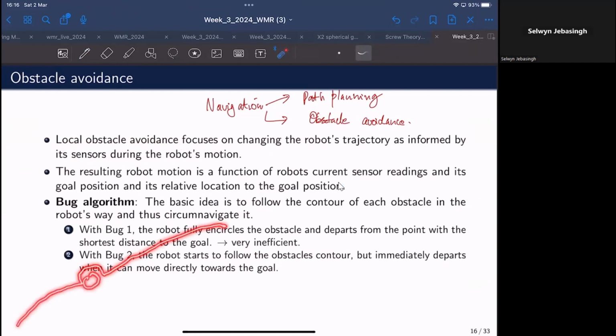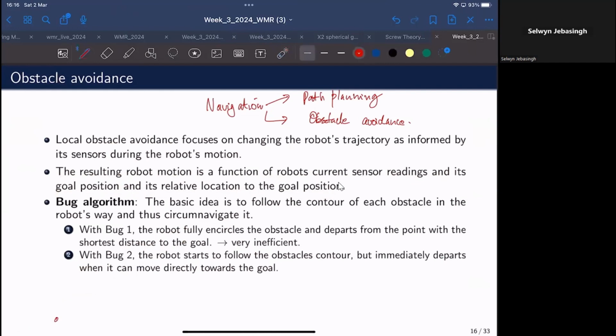Maybe this straight line was its original path, and somewhere in between, it encounters an unexpected obstacle. It will navigate around this obstacle, then continue its usual course of action. That phase is what obstacle avoidance does. This resulting motion is a function of the robot's current sensor readings, its goal position, and its relative location to the goal position.